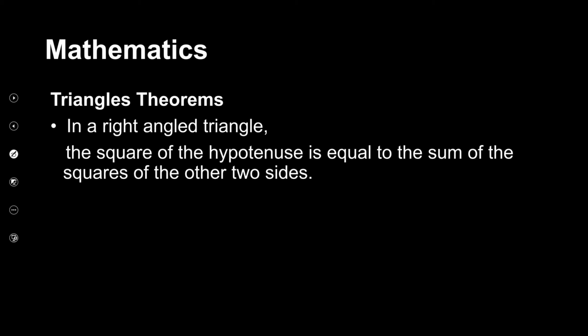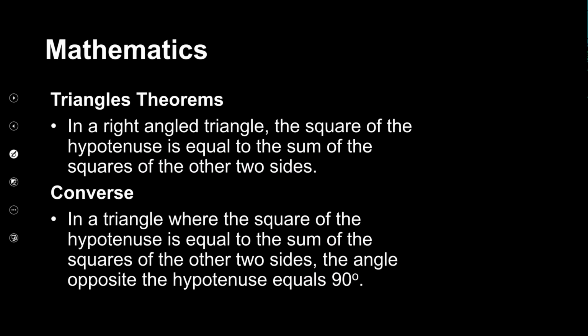Now, in a right-angled triangle, here we are talking about the theorem of Pythagoras, right, which you are very familiar with. The square of the hypotenuse side is equal to the sum of the squares of the other two sides, right? And you're going to classify this in terms of lengths and see what it says.